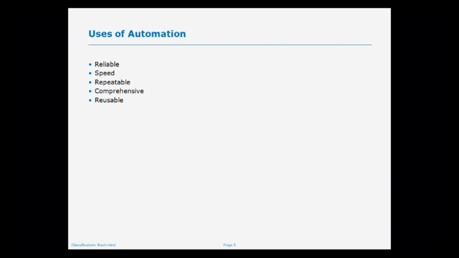Then the next thing is, we spoke about parallel testing, right? For parallel testing, if I am supposed to execute it manually, definitely I need multiple people. Even if I have multiple people, simultaneous actions is not possible. Then the next thing is, manual testing means a human is going to execute the test cases.